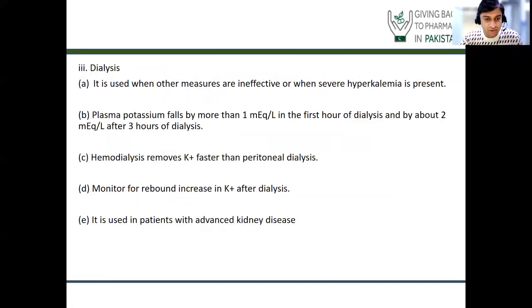All those patients who have hyperkalemia refractory to all those measures that we have discussed in the previous slides should be dialyzed. And the better strategy for dialysis is intermittent hemodialysis, not peritoneal dialysis, because you need to immediately remove the potassium from the body. So it is very effective in patients who have advanced kidney disease.